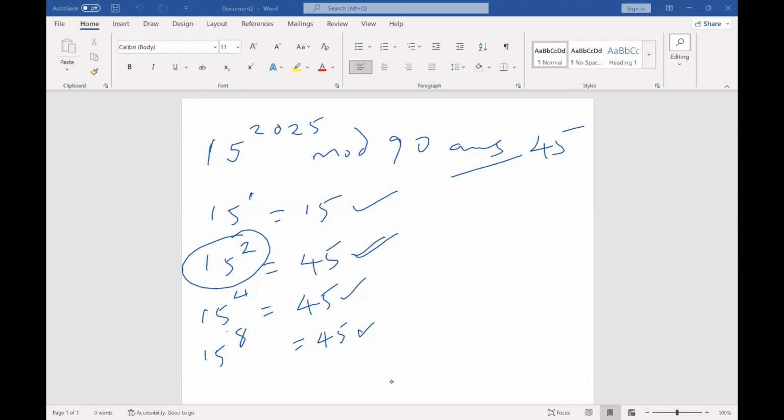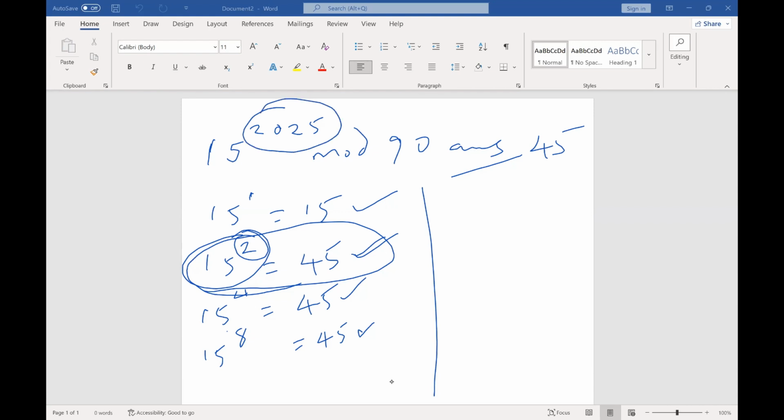Since I've discovered it will remain the same thing, from here I can try to write this 2025 in terms of the power I have here. The power I have here is 2. So I want to see the relationship between 2 and this power using the division algorithm. By division algorithm, how many times does 2 go into 2025?